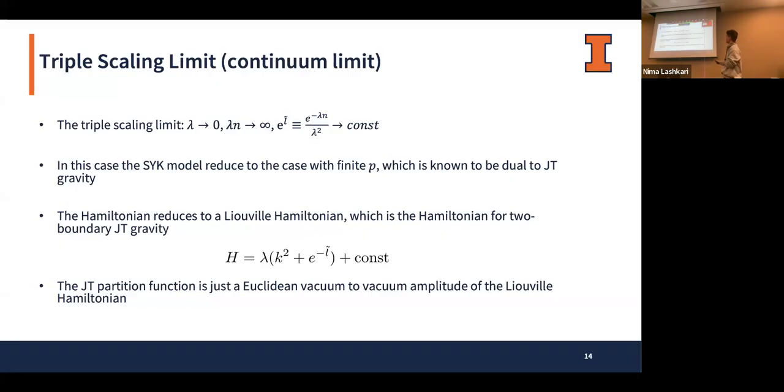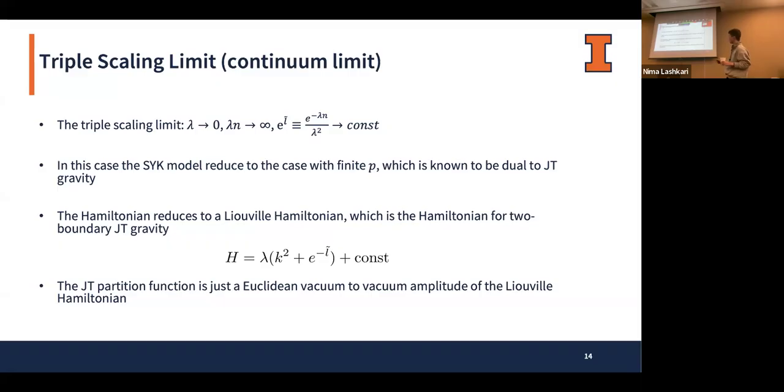This renormalized length basically looks like the renormalized length in JT gravity. In this case, the SYK model reduces to the case with finite p, which is known to be dual to JT gravity, in the sense of the partition function. And the Hamiltonian reduces to a Liouville Hamiltonian.